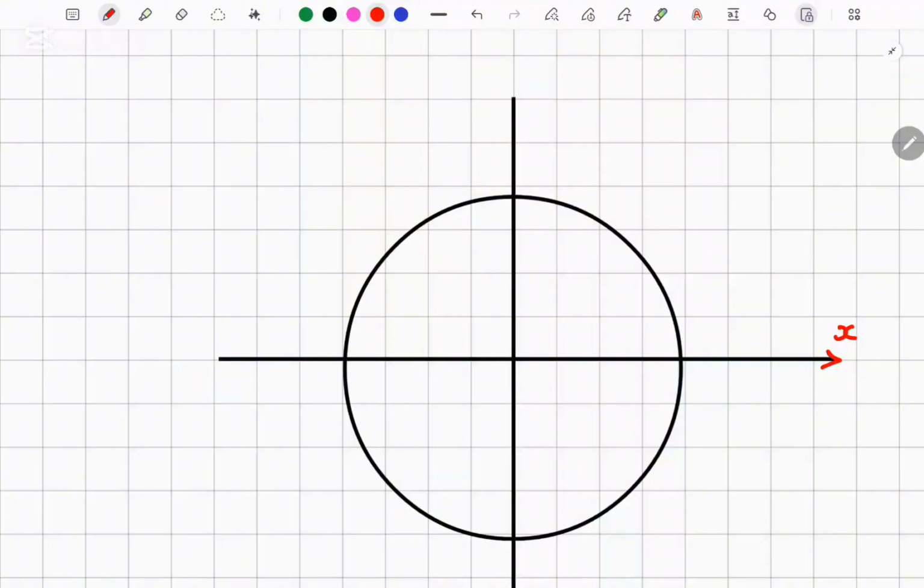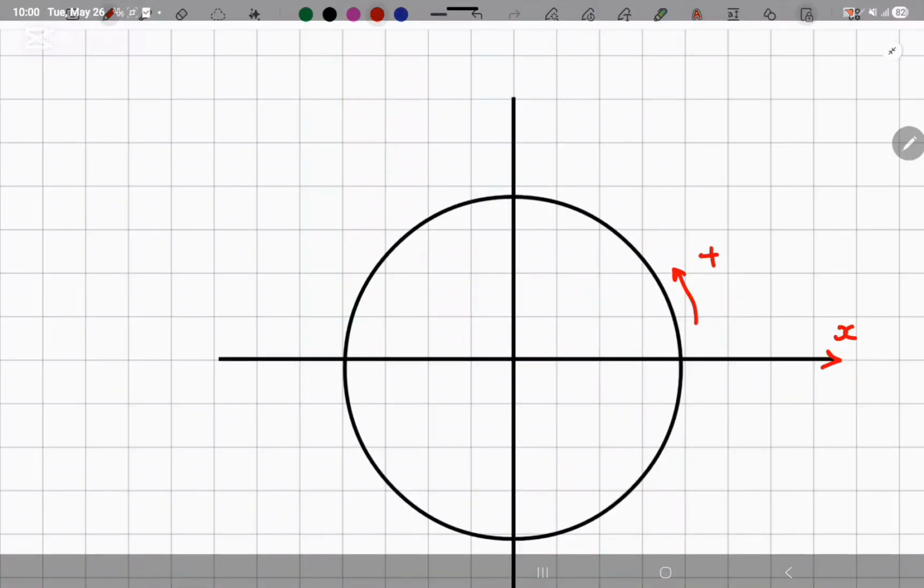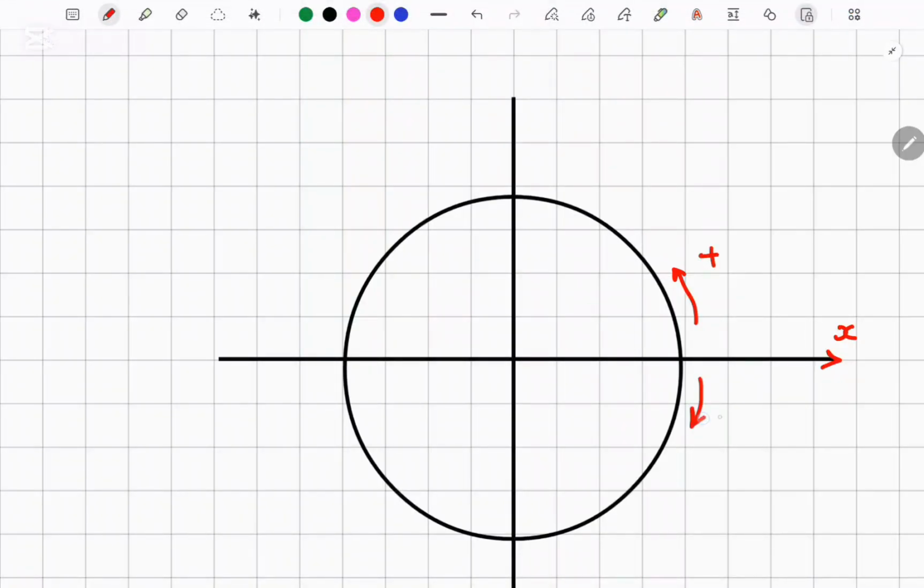Whatever the angle I give you, positive, negative, 90 degrees, 1000 degrees, doesn't make any difference. You always start from this side, and then we have a terminal side. If we go counterclockwise, meaning the opposite of how the clock is moving, the angle is going to be positive. And if we go clockwise, then the angle is going to be negative.